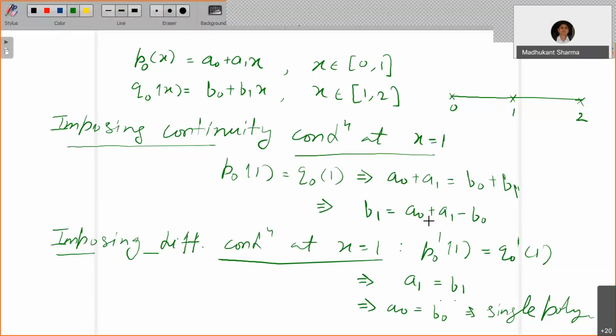So you can only demand up to some level, based on your requirement. Okay, right. So similarly, you can show this for the quadratic polynomial. Okay, so this is about the linear polynomials.